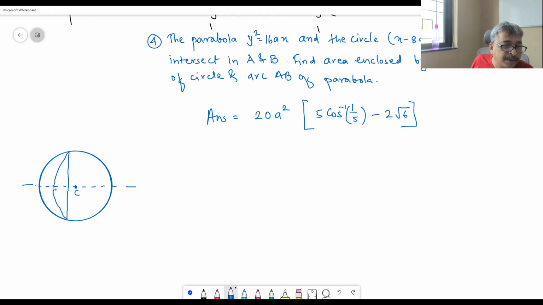Of course, symmetric with respect to x-axis. Let me call this point as E. Let me call this point as origin. This is A and this is B. C is at 8a comma 0. Radius of circle is 10a. Therefore, this C is at 8a comma 0.